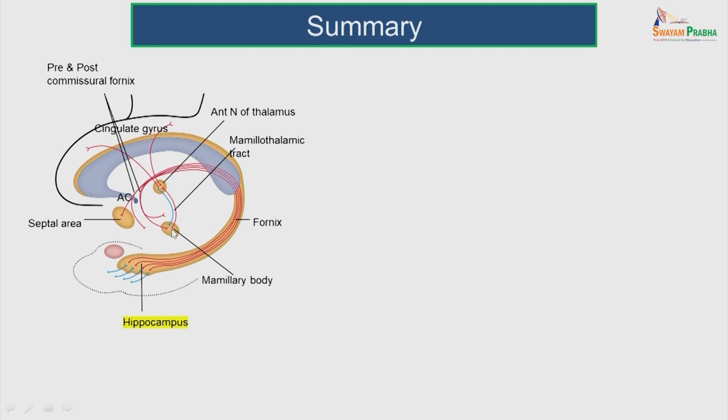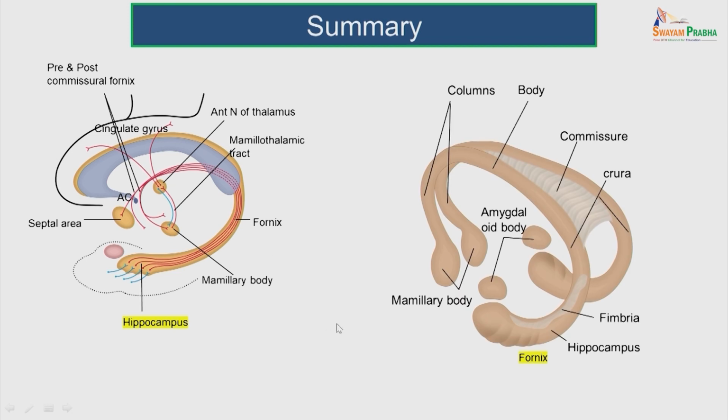From there the mammillothalamic tract goes to the anterior nucleus of the thalamus, and it is also connected to the septal area. Okay. And here observe the parts of the fornix. The fimbria continues as the fornix, divides into crura, unites to form the body, and again divides into two columns and ends at the mammillary body.